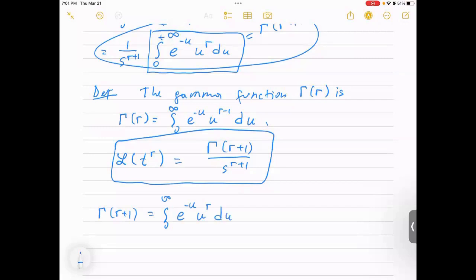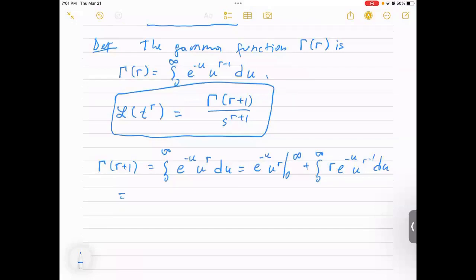Then we do integration by parts, so we get negative e to the negative u times u to r from 0 to infinity, plus the integral from 0 to infinity of r e to the negative u times u to r minus 1 du.